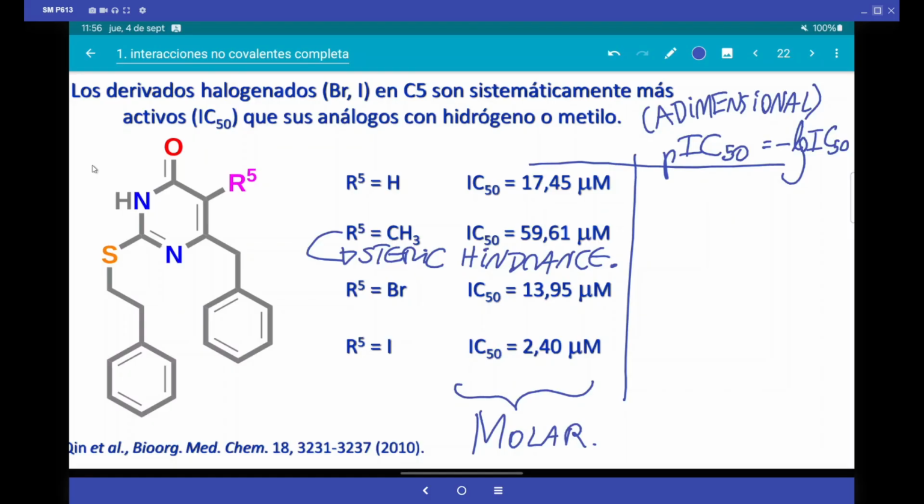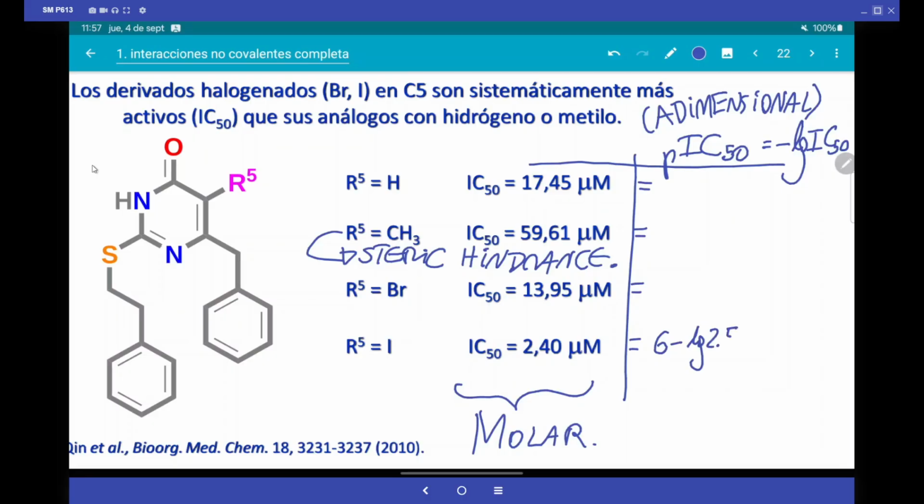If we do a check, for example, at the bottom, this would be the same as saying 6 minus the logarithm of 2.4.